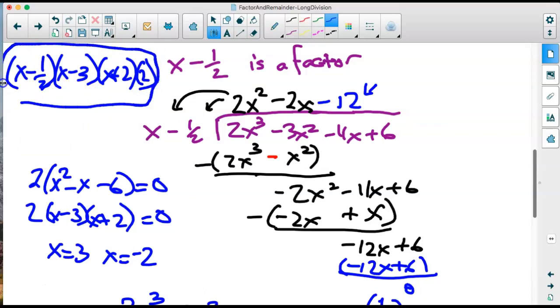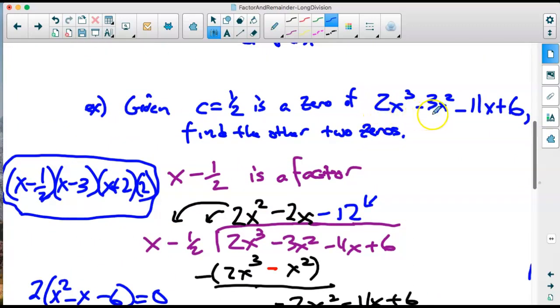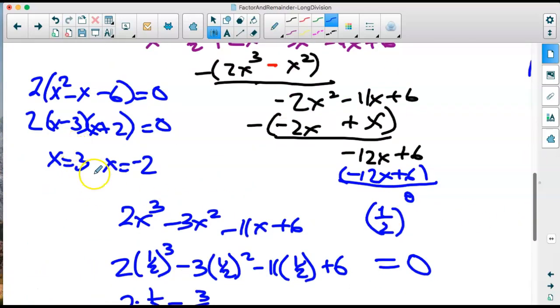That's what that polynomial factors into. So this polynomial up here, 2x cubed minus 3x squared minus 11x plus 6, factors into these 3 factors. And the fourth one is constant. Okay, so the other 2 zeros here are going to be 3 and -2.